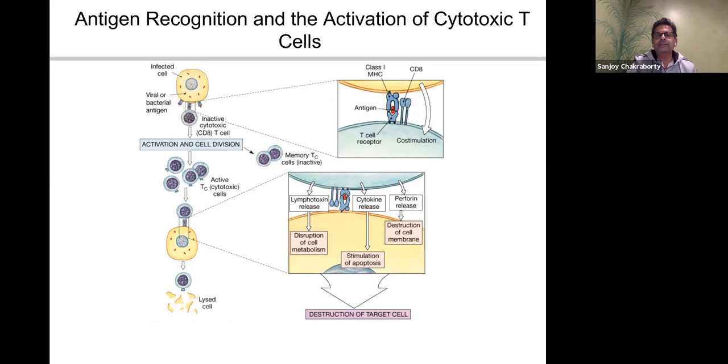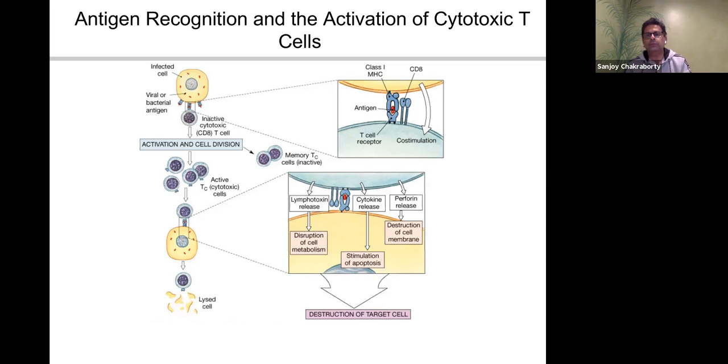So there is a step called co-stimulation. The CD8 marker is going to send a lot of signaling molecules, signal transduction, which you're going to learn in upper level classes. They send the signaling molecule to make sure that it is infected.